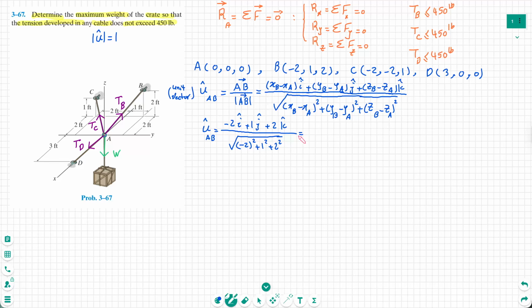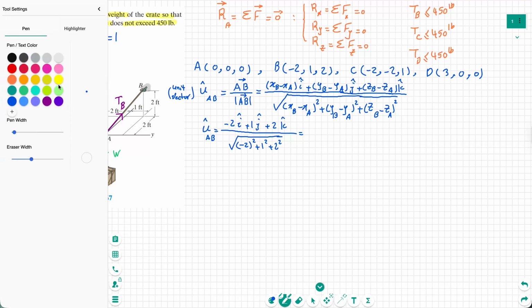So if I just want to simplify, this denominator is 4 plus 4 is 8, 8 plus 1 is 9. So root 9 is 3.